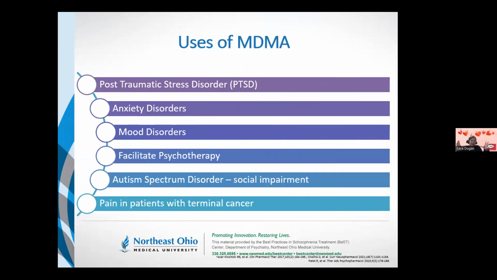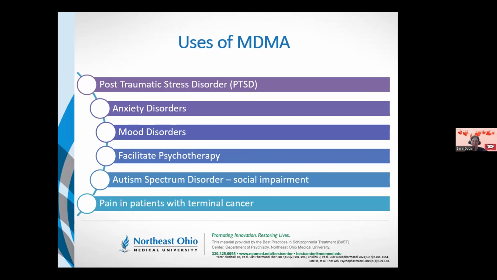So seeing that it can impact a number of different factors, we are systematically looking at where this might be able to be used. So the places it's been investigated are listed here. Post-traumatic stress disorder seems to be, I don't want to say highest priority, but the greatest focus for the use of MDMA right now. Anxiety and mood disorders, not much of a surprise.